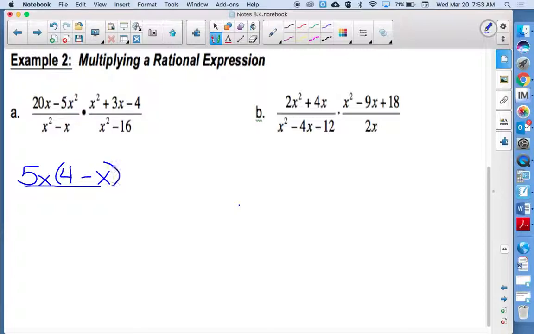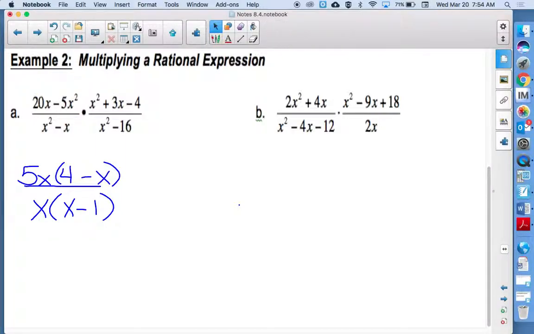Yeah. So take out a 5x, and then he said we would have a 4 minus x. Connor, how about the denominator there on that fraction? Take out an x, and you would have left x minus 1. So factor first. We factored the left side of the problem, the left fraction.